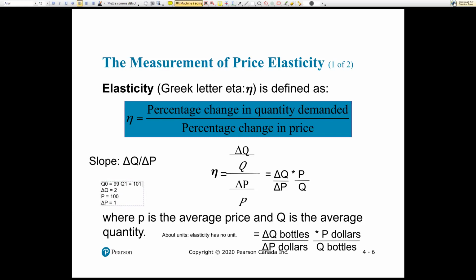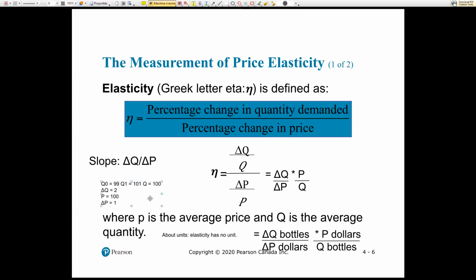So the average of that would be Q equals 100, the average of 101 and 99. Same thing for price, for instance. But delta Q is 101 minus 99, which would be 2.